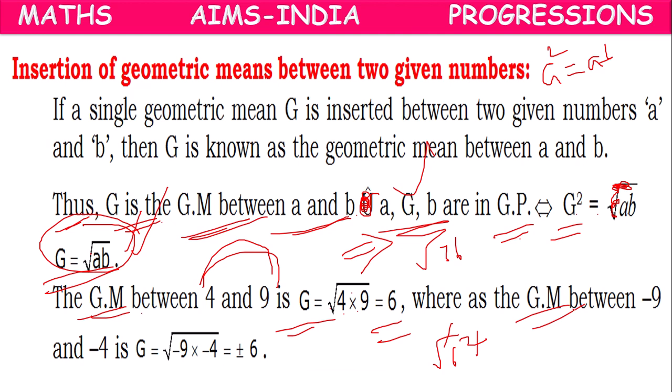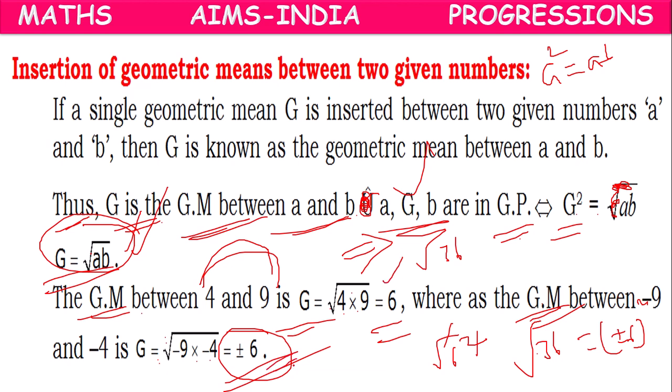Whereas, if you want to take the geometric mean between minus 9 and minus 4, we take root of minus 9 into minus 4, root of 36. 36 can also be written as plus or minus 6 whole square. At that time, the geometric mean will become plus or minus 6. It may be plus 6 or minus 6 based on the values.